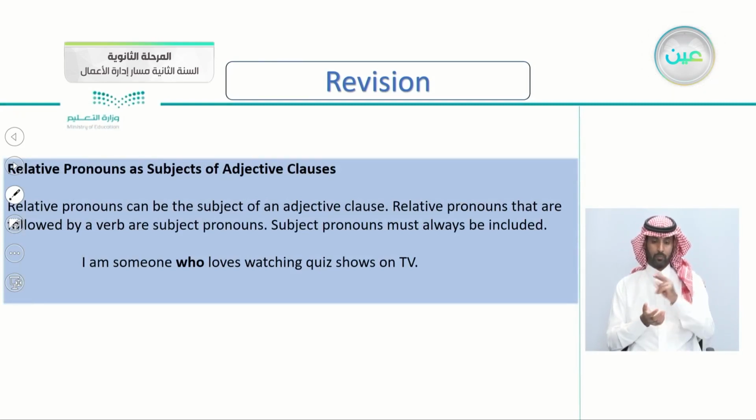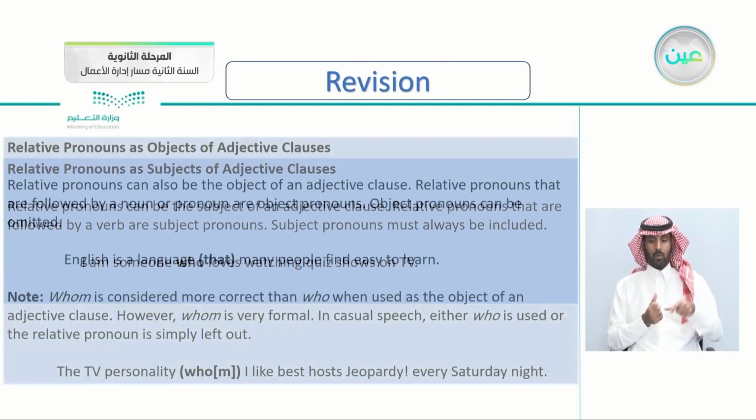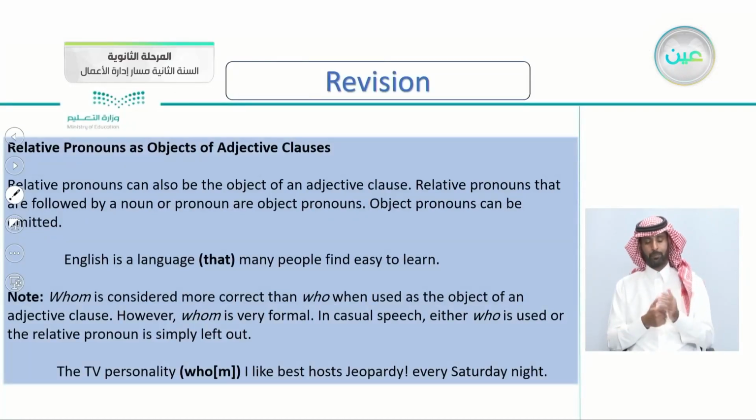Like the example here, I am someone who, this is the relative pronoun, who loves watching quiz shows on TV. So who here is acting as a subject of adjective clauses. Then we took, again, these relative pronouns as object of the adjective clauses, just like this example here. English is a language that many people find easy to learn.